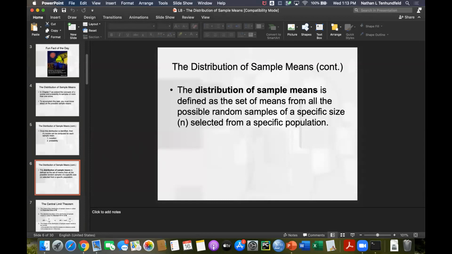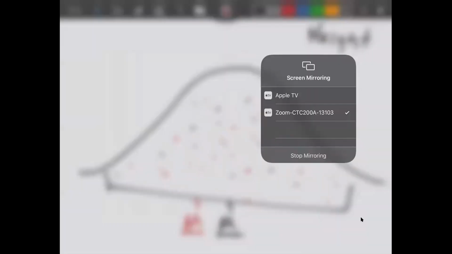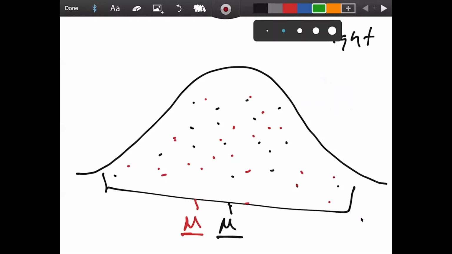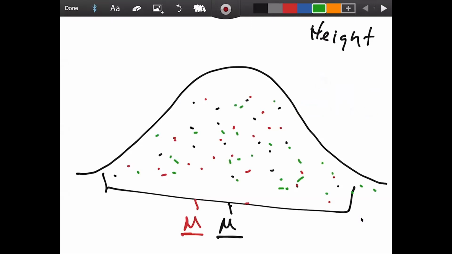So if we go back to that example I just drew here, and we look at the fact that each one of these has a different mean, and let's add another distribution in here. You can see that we're going to get another one.